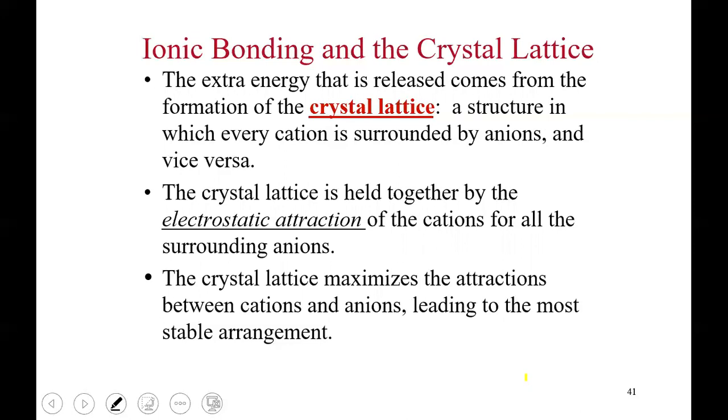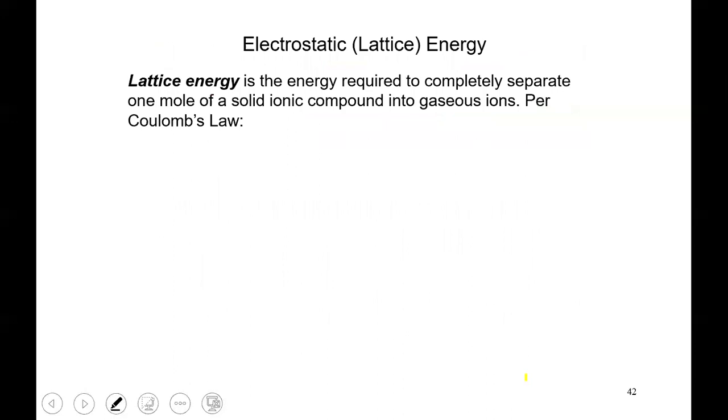This crystal lattice is held together by electrostatic attraction, and it leads therefore to the most stable arrangement. We're going to define something called the lattice energy. This is the energy required to completely separate 1 mole of solid ionic compound into gas ions.